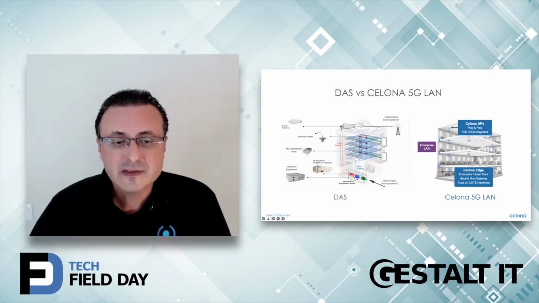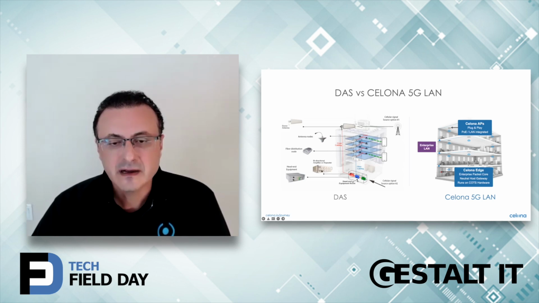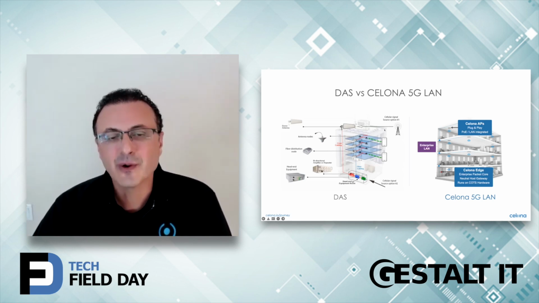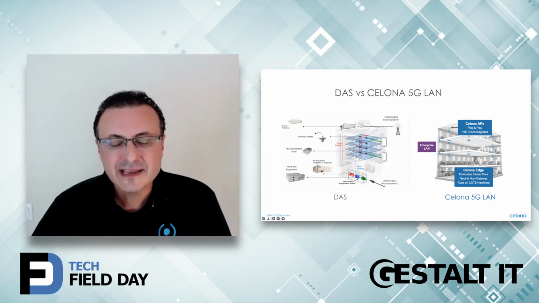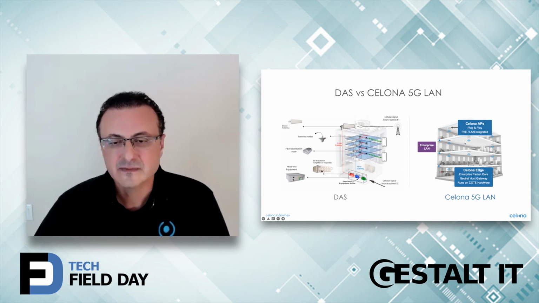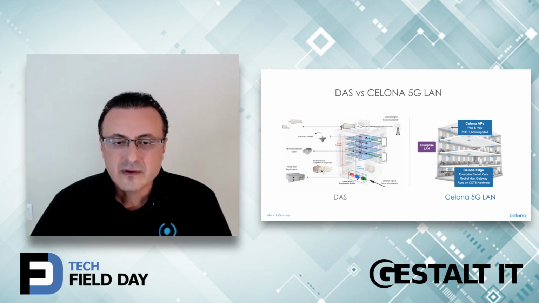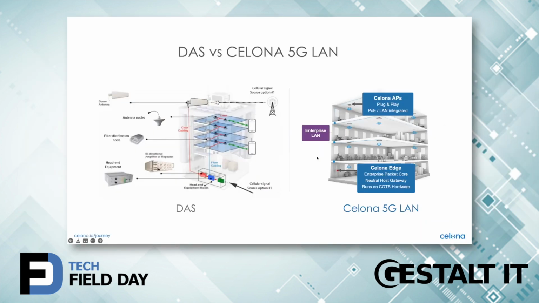On the left, when you see the DAS system, you have basically one baseband equipment serving the whole building. On the right, each AP that you deploy creates additional capacity because it's basically self-splitting. And it also is fully, totally integrated with the enterprise infrastructure. It's a very scalable solution, and I'll talk about some more details of this.